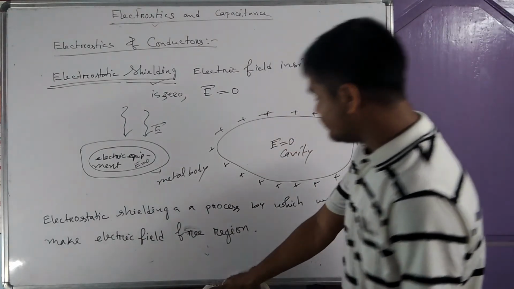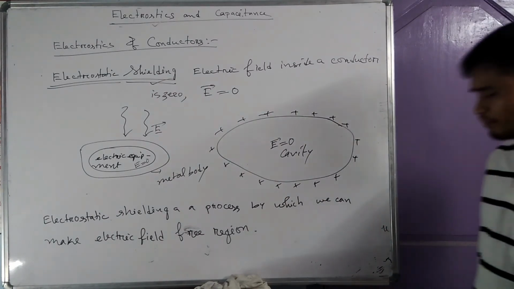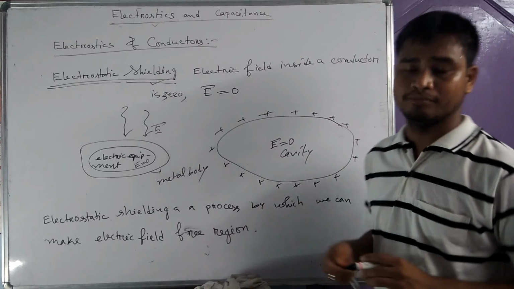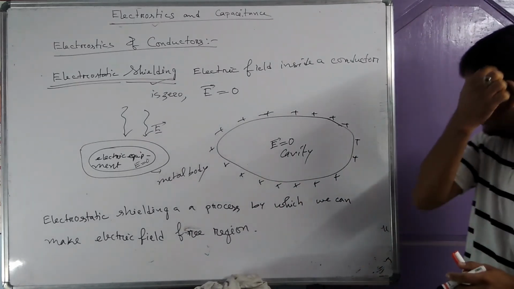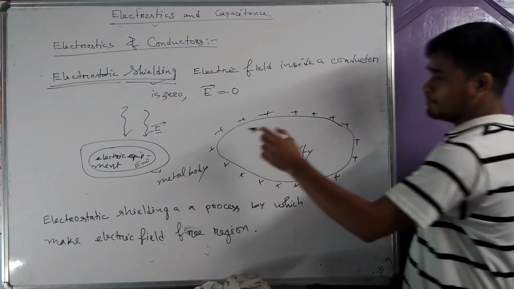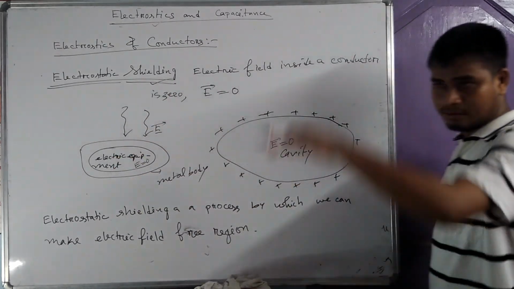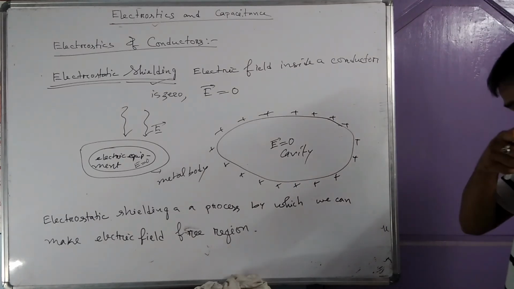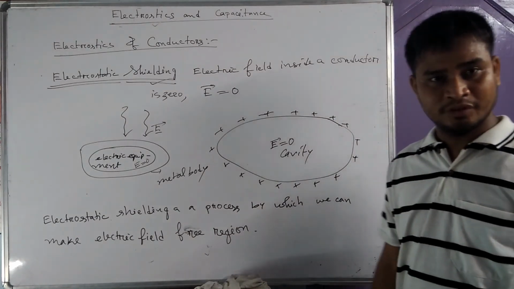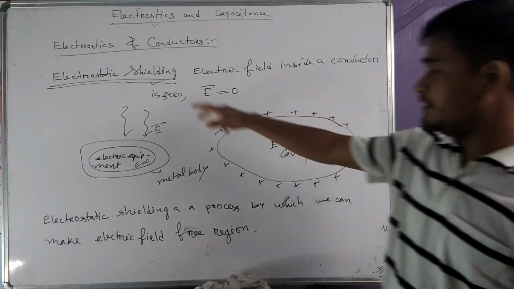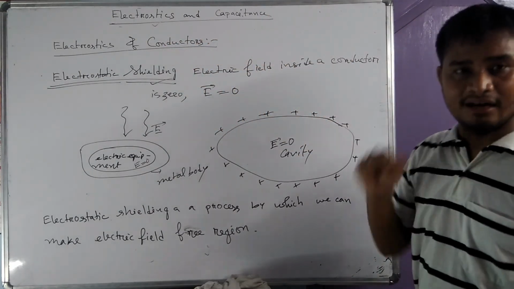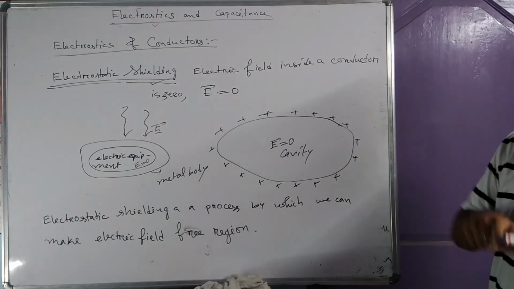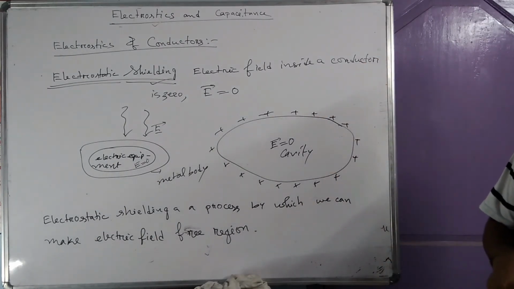There is an example. If you are traveling inside a car and a thunderstorm comes in, and the thunderstorm is all over the car, then what will happen? We know that a thunderstorm creates a very large electric field. Car is covered with a metallic body.